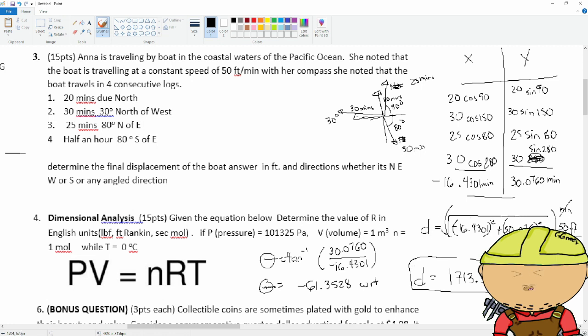So with respect to the negative x-axis, that's the second quadrant, right? Negative x, positive y. So it makes sense, it's negative 61.3528, and your vector, or your final displacement, is around here.